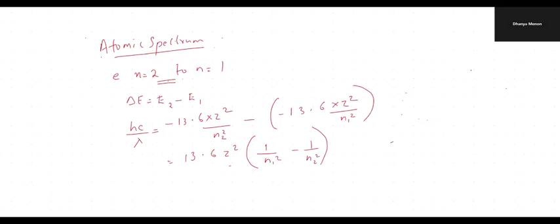Now here what I'm going to do is divide and multiply by hc by lambda. Why I'm doing this, I'll tell you. Just hold on.